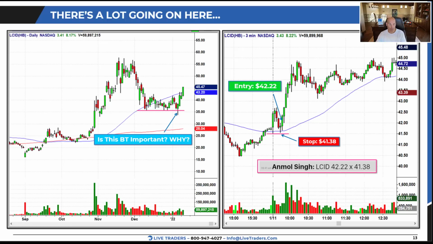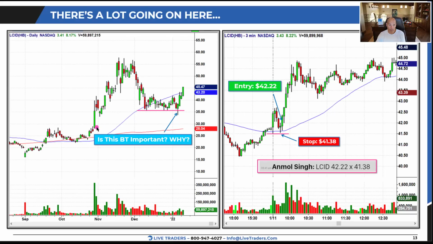Now, let's take a look at Lucid. You can't look at any chart in a vacuum. You have to look at the whole thing. So let's start with the left, start with the daily. Okay? We have a stock that in general was moving higher.